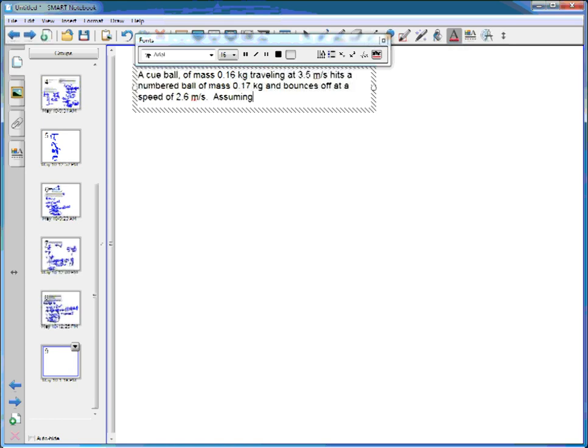Assuming an elastic collision, what is the speed of the numbered ball after the collision?